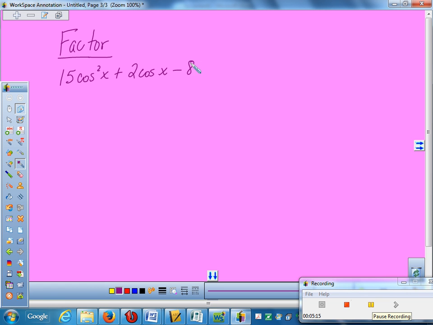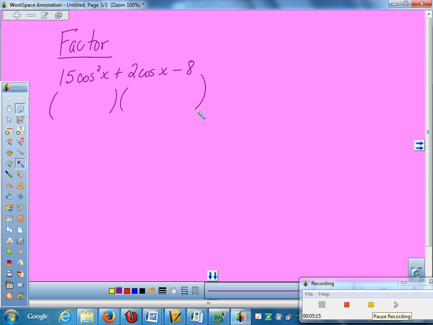It's something squared, something to the first power, and a constant number. How do you factor a trinomial? You do the 2 binomial thing. Are we really going to do this with trig? Yeah, we are.